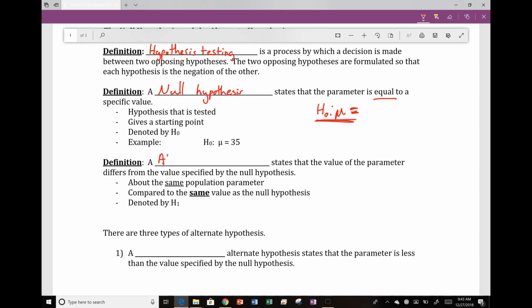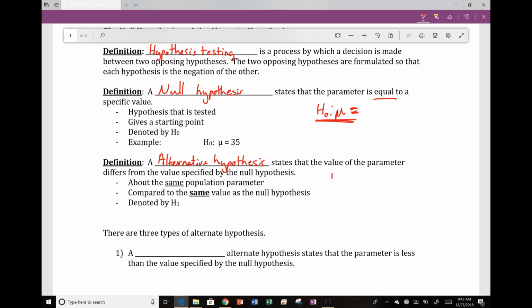Now, our alternative hypothesis is the one that we want to actually test, and so it's going to state that we're differing from whatever value this is. We use the exact same number in the null hypothesis that we do in the alternative hypothesis, because if we don't use the same number, then your values could actually fall between the values or something along that line.